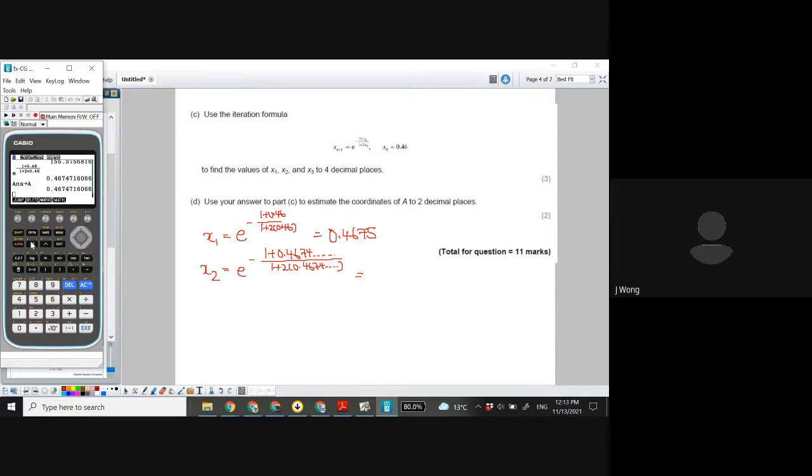Then just carry on with what we had. So I'm just going to retype the whole thing, e to the minus fraction 1 plus A, divided by 1 plus 2 lots of A. And there you go. You got 0.4684. Okay, so I'm just going to store this answer to B. And this time I'm just going to do the same thing again.